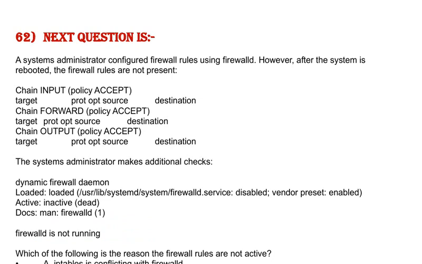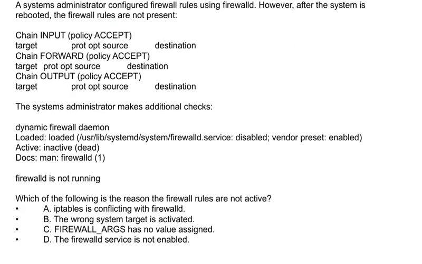Question is, a system administrator configured firewall rules using firewalld. However, after the system is rebooted, the firewall rules are not present. Which of the following is the reason the firewall rules are not active?